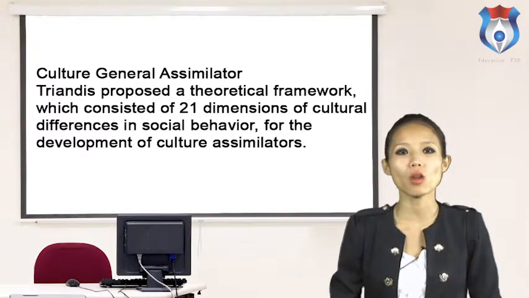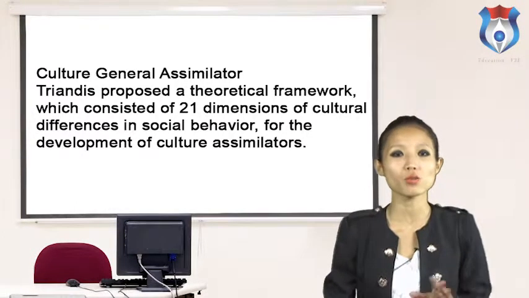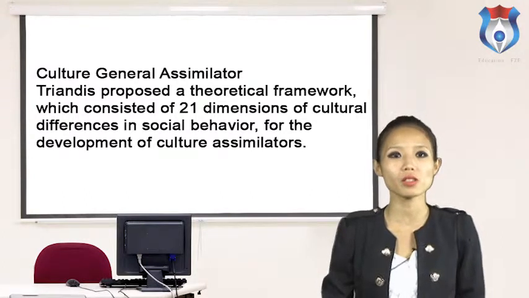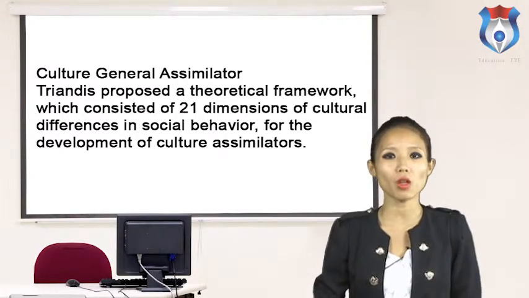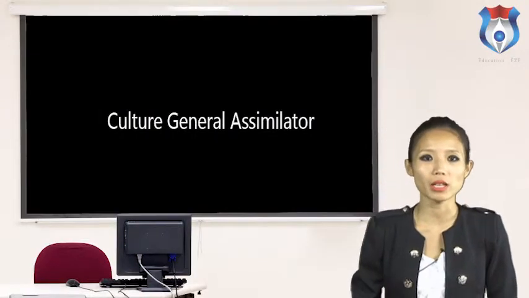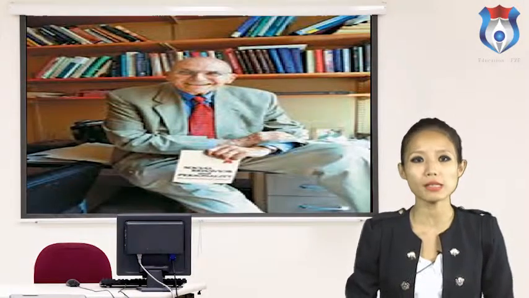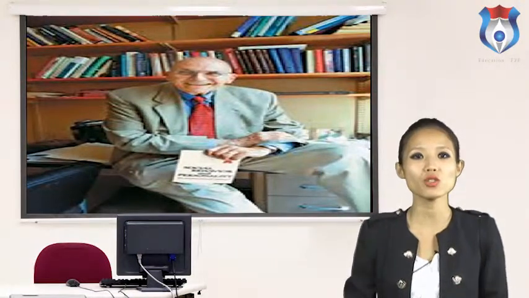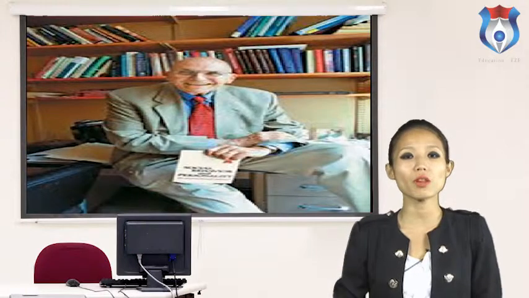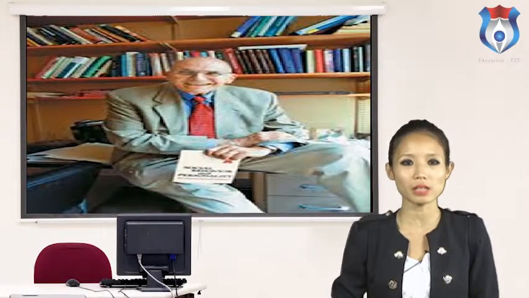Triandis proposed a theoretical framework which consisted of 21 dimensions of cultural differences in social behavior for the development of culture assimilators.